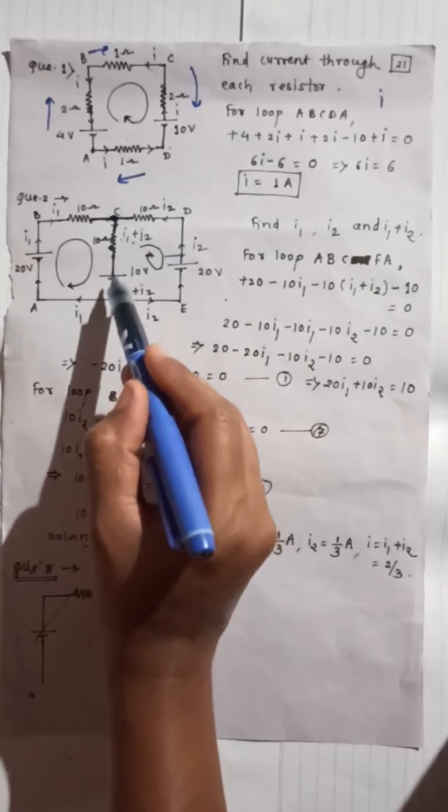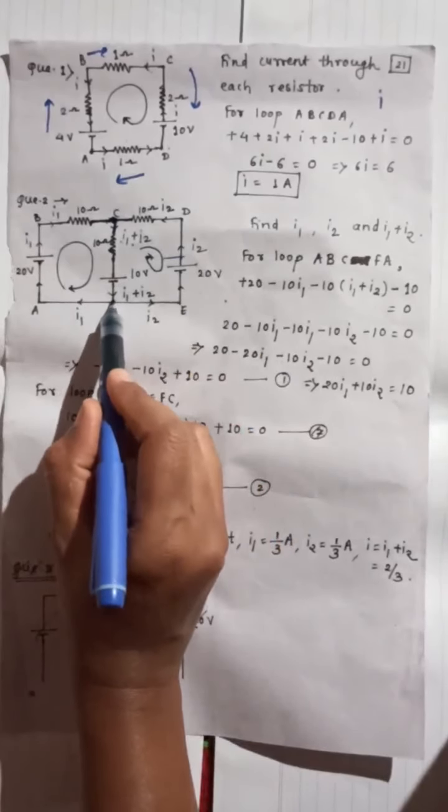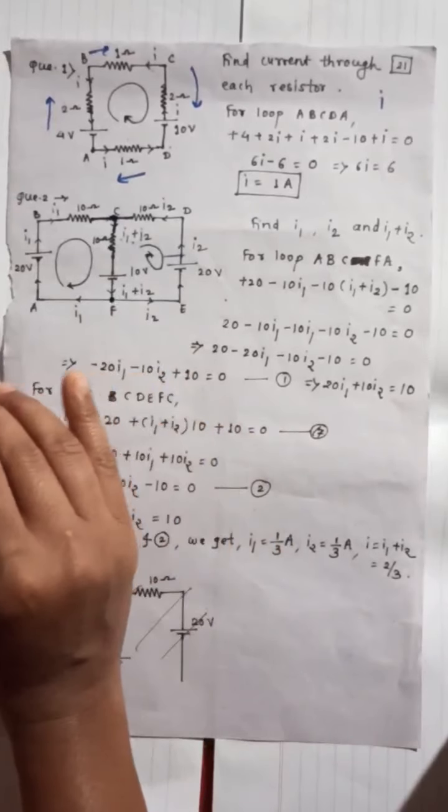Okay. Now here this current I1 plus I2 gets split.